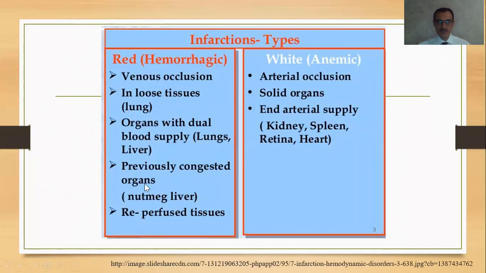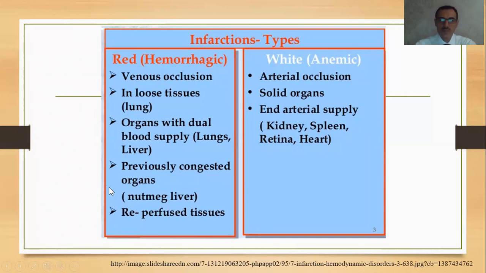Here you see the diagram, the table that explains the types of the infarction. The red, in comparison with the white infarction, the red or hemorrhagic infarction, mainly develops during the venous occlusion in loose tissues such as the lungs, in organs with dual blood supply, in the liver, in the lungs, and previously congested organs.